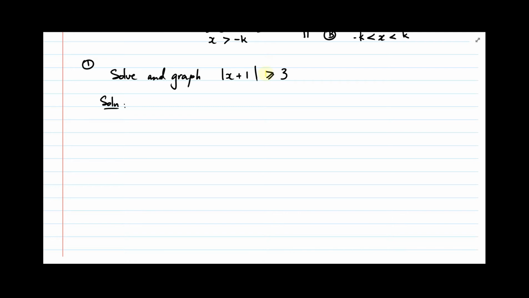Whenever I have this inequality, it means that I am looking at an OR statement. So let's write the two parts. Just itself is greater than or equal to 3, or the negative of it is greater than or equal to 3. Let's simplify each part.